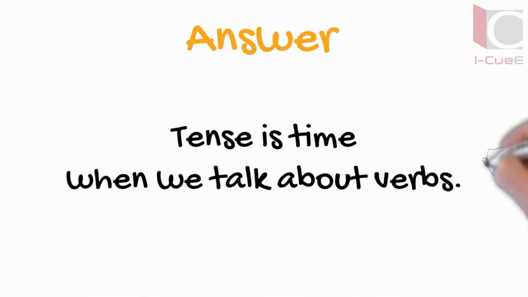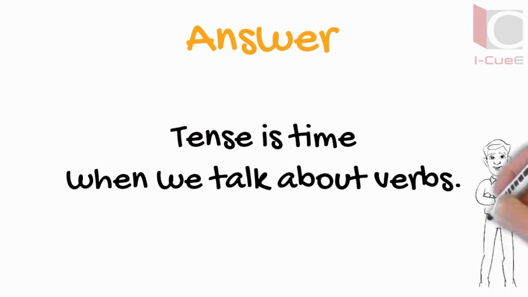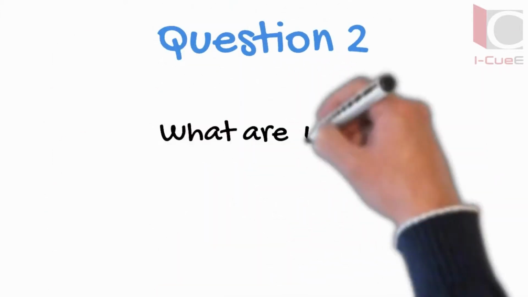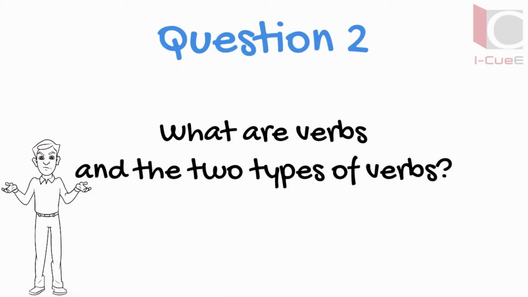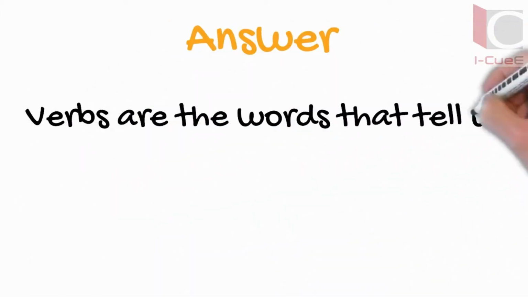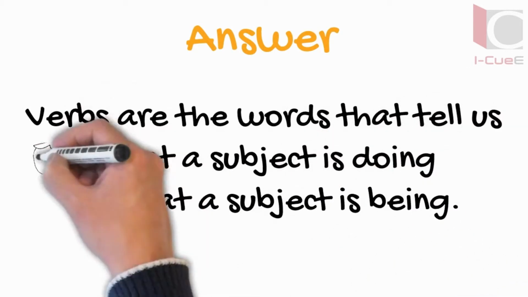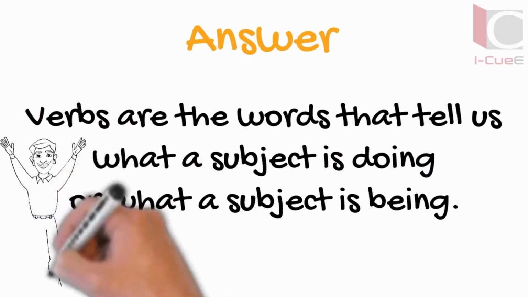Tense is time when we talk about verbs. What are verbs and the two types of verbs? Verbs are the words that tell us what a subject is doing or what a subject is being.